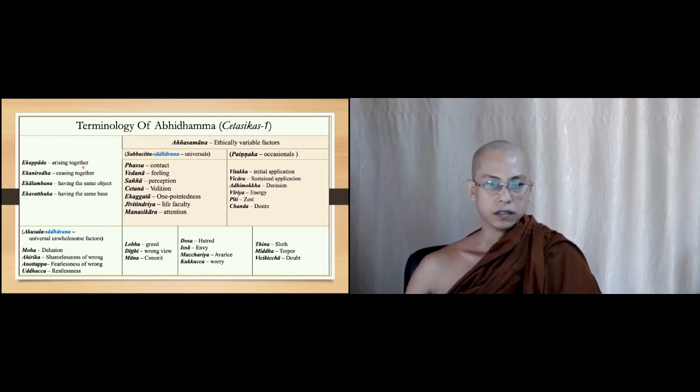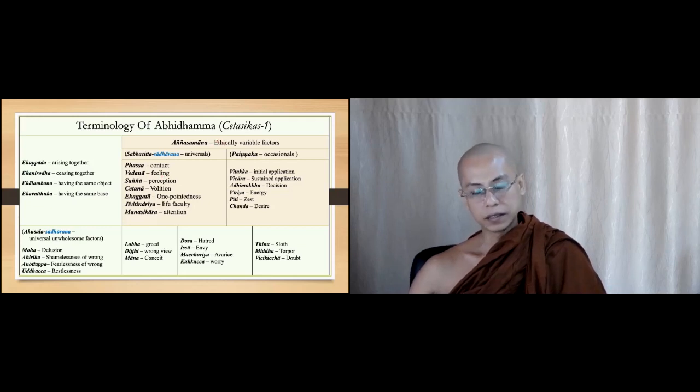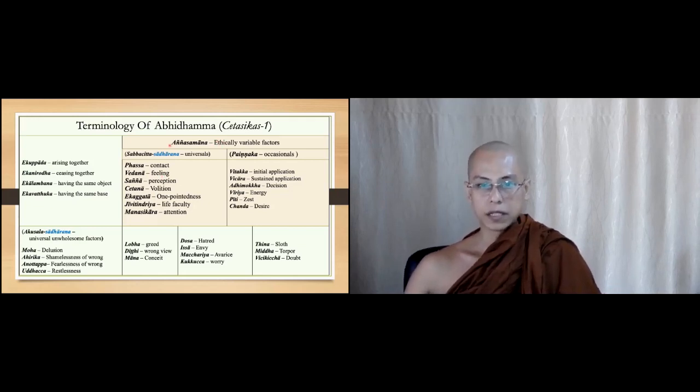Eka is the same or together. Ekalambana, having the same object, so alambana and arammana are the same. Ekavatthuka, same basis.